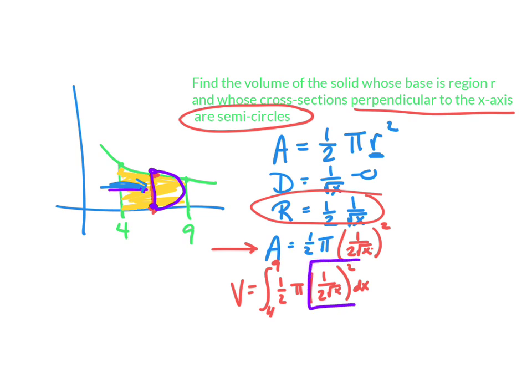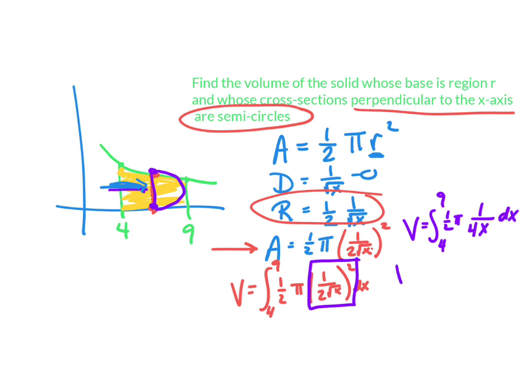So I'm going to take this quantity and square it. I have to square everything inside there. So I've got from 4 to 9, I've got this 1/2 pi, and I'm just going to do it in baby steps here. When it's obvious nothing needs to get FOILed, there's no plus or minus, I'm just going to square everybody. The 1 becomes a 1, the 2 becomes a 4, and the square root becomes just x.